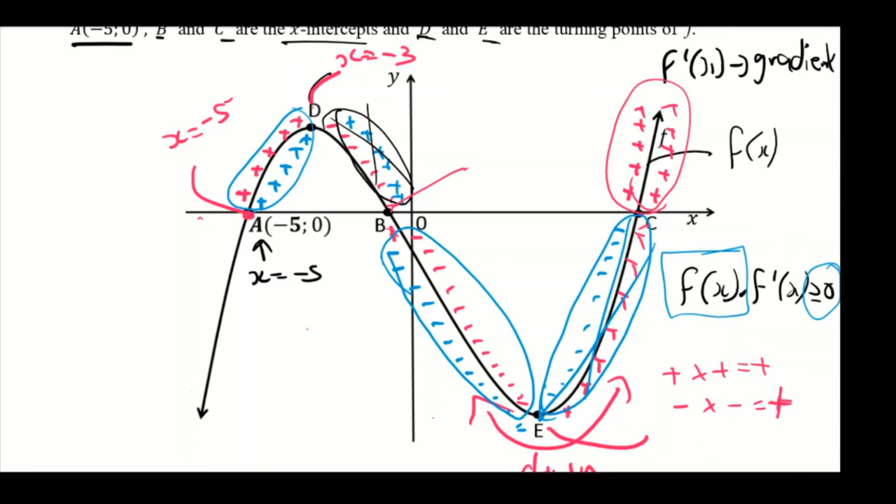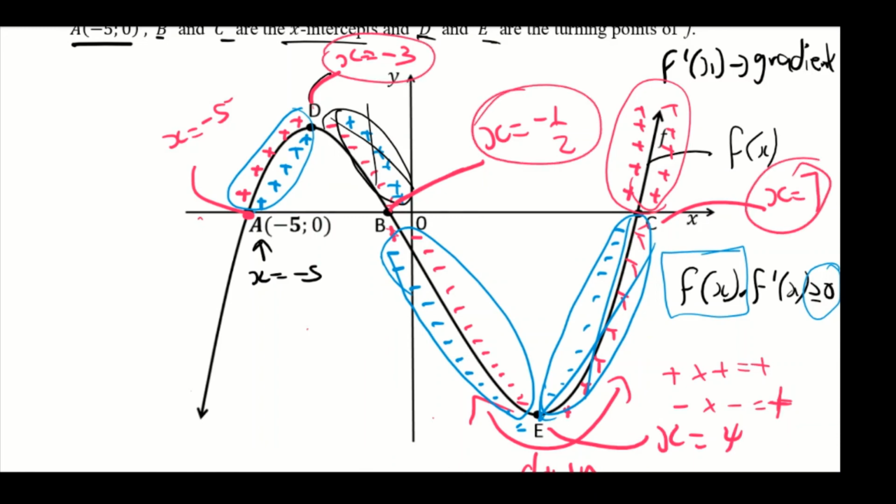At E, x is equals to 4, and at B, x is equals to minus 1 over 2. Then at C, x is equals to 7. So I'm sorry with a lot of working here. So I hope you follow.